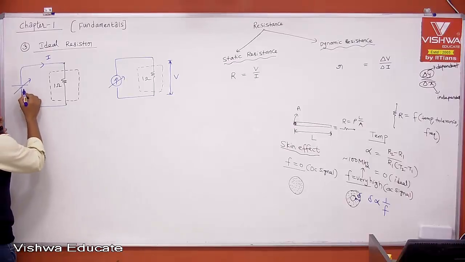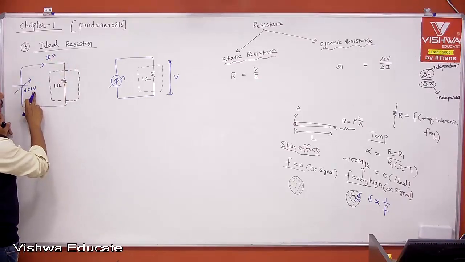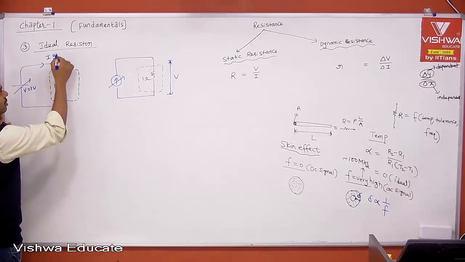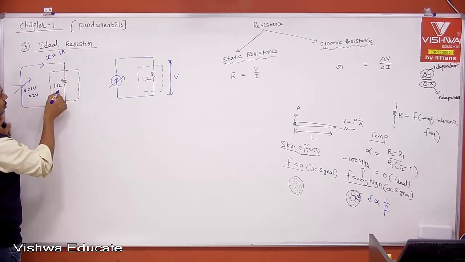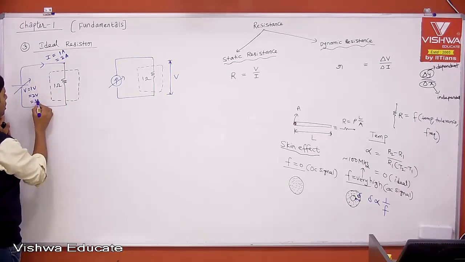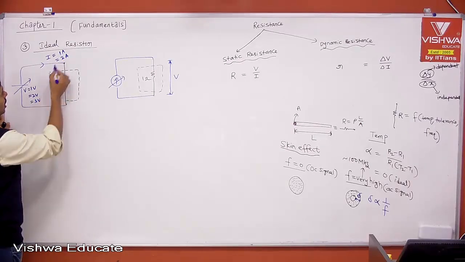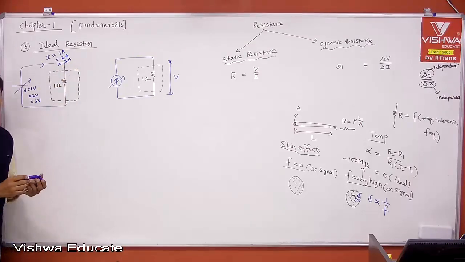If V is equal to 1 volt, what is the current? 1 volt across 1 ohm gives 1 ampere, Ohm's law. When V is 2 volt, you get 2 amperes. When V is 3 volt, you get 3 amperes. Three points are enough to get the curve.